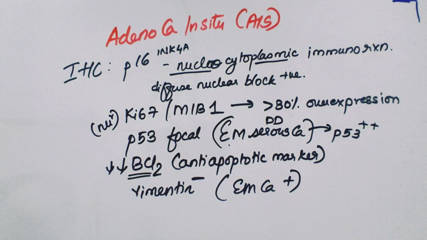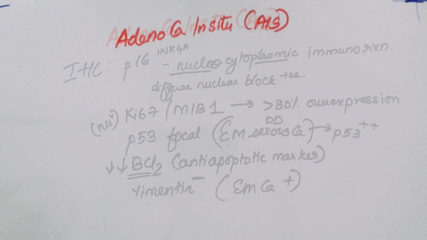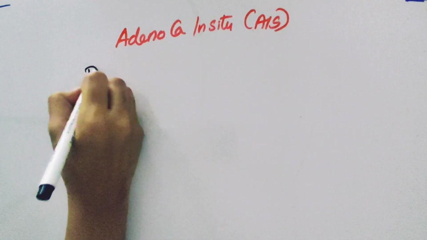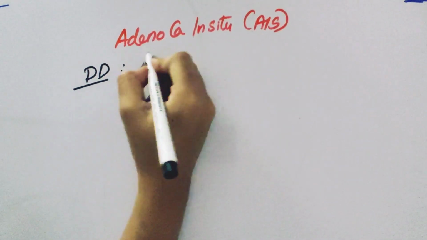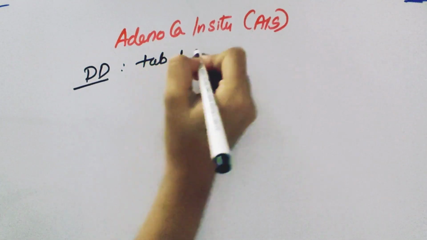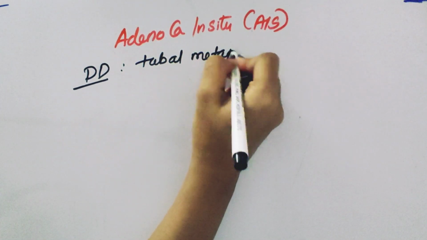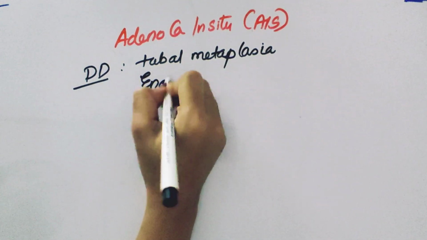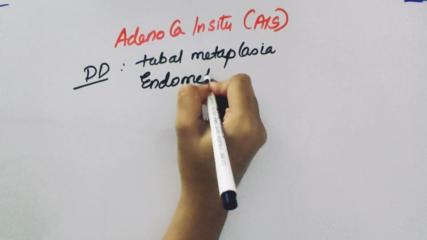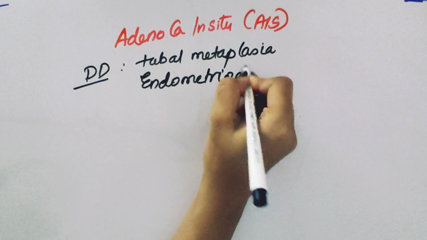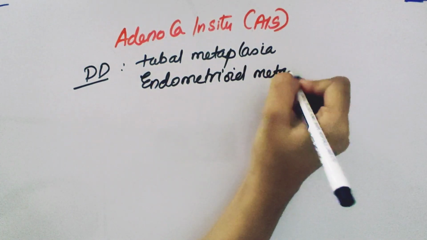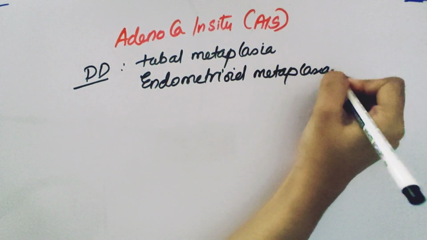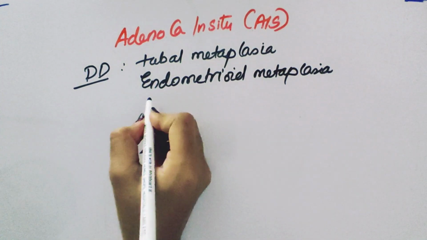And now we will come to the DD. So in the differential diagnosis, we have tubal metaplasia. Then we have endometrioid metaplasia. There is also an entity, tubo-endometrial metaplasia, if both coexist.